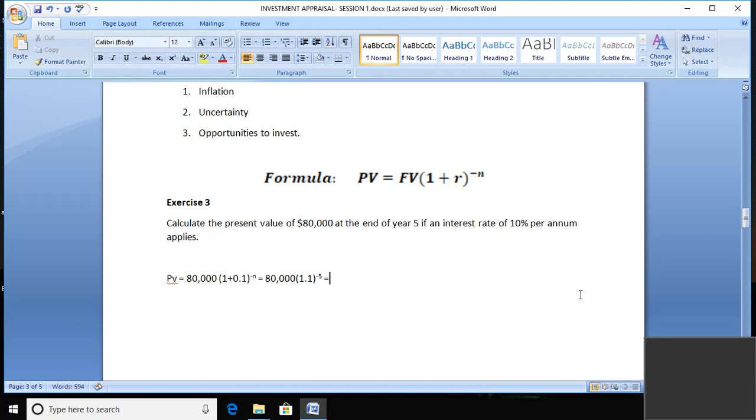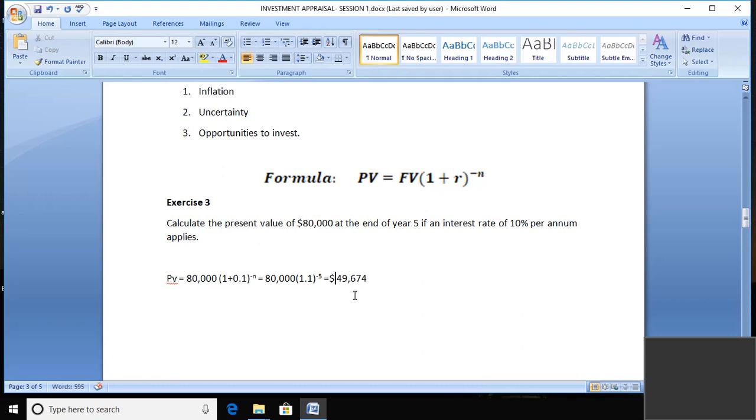So this is going to be equals to, now let's put everything in our calculator. It's 1.1 to the power negative 5. Then your answer multiplied by 80,000. If you do that properly, you should get 49,674, of course, rounding off, $49,674.